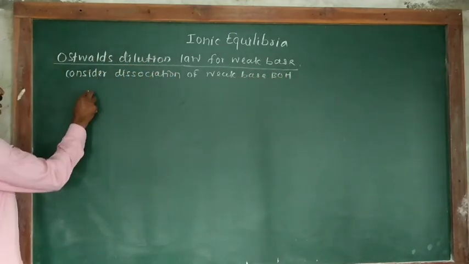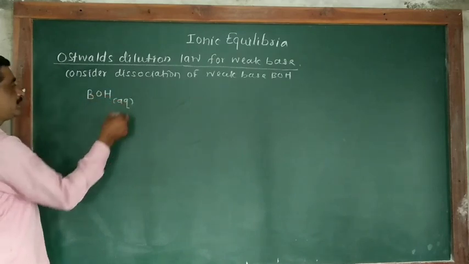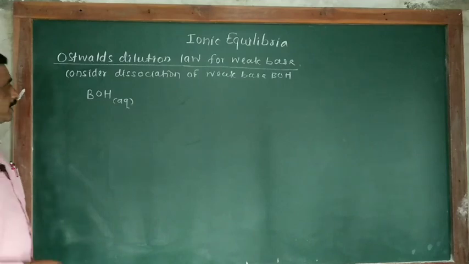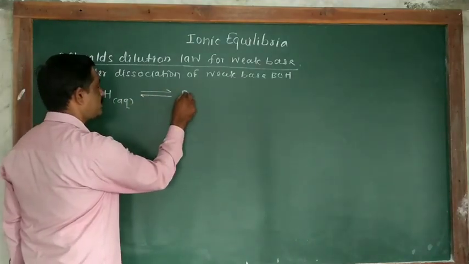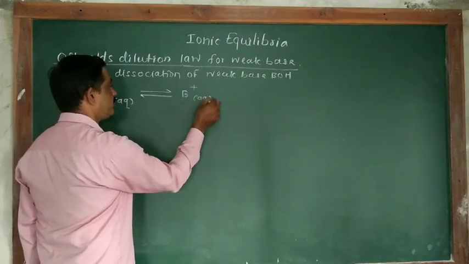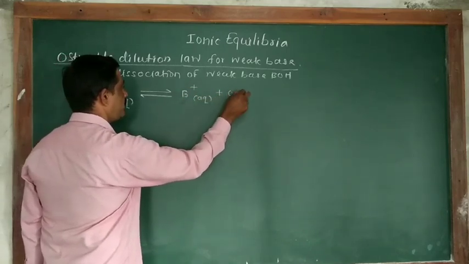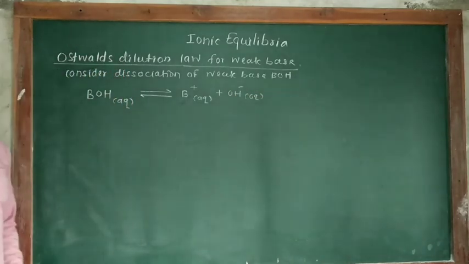When the weak base BOH is dissolved in water, its aqueous solution is formed, and in the aqueous solution it dissociates as B plus ions and OH minus ions in a very small amount.